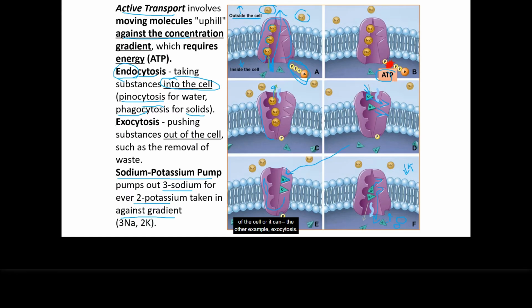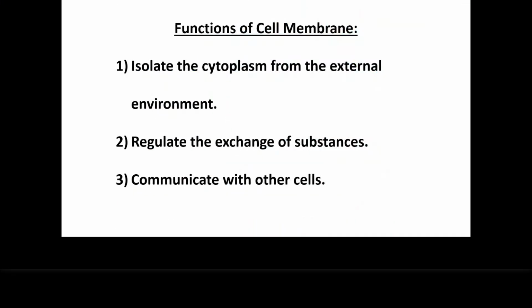The other example is exocytosis. Exo means outside, so we're pushing substances outside of the cell, for example, removal of waste products away from the cell. All these processes are examples of active transport. They move against the concentration gradient, and they all require ATP molecules.